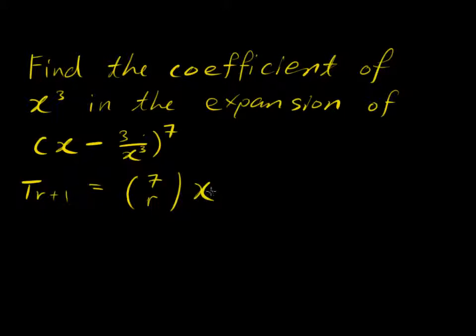So then we get 7Cr times x to the power of 7 minus r, and b, which is minus 3 divided by x cubed, to the power of r.